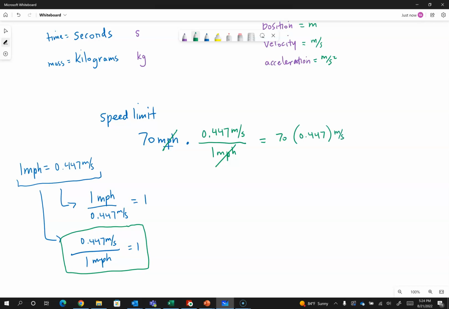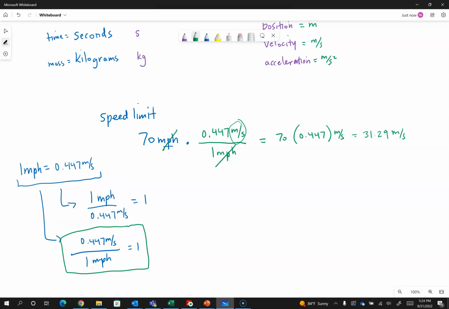And so I end up multiplying the 70 by the 0.447, and now we have units of meters per second. 70 times 0.447 is 31.29 according to my calculator.